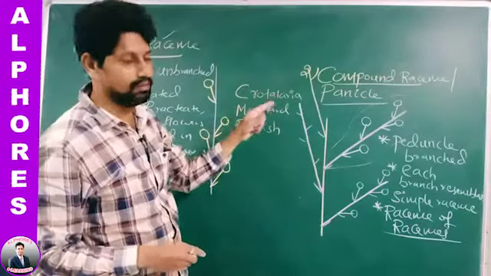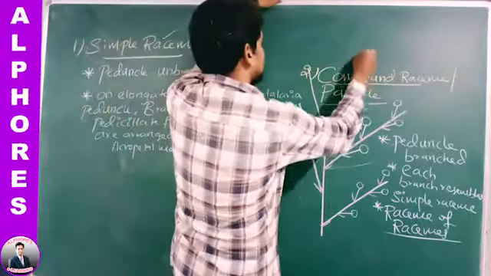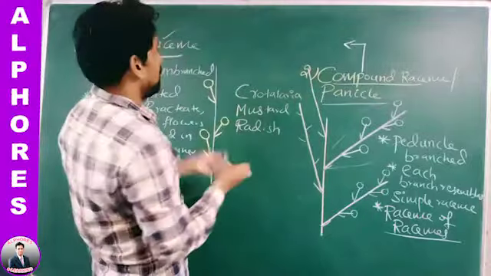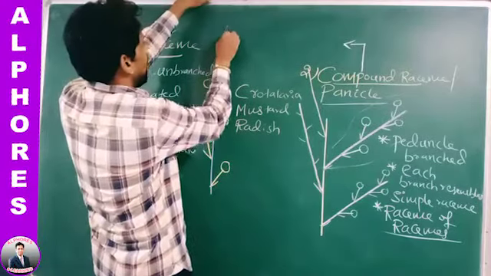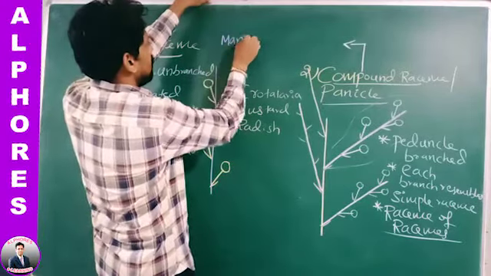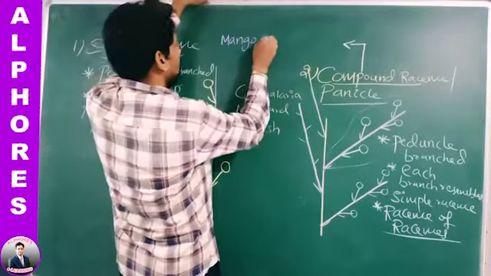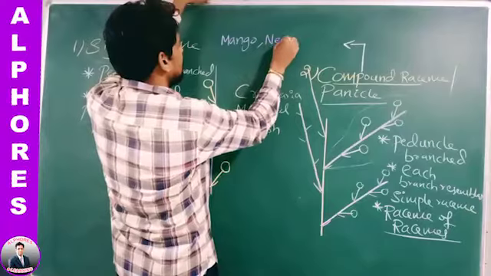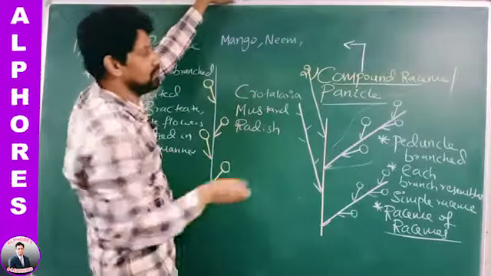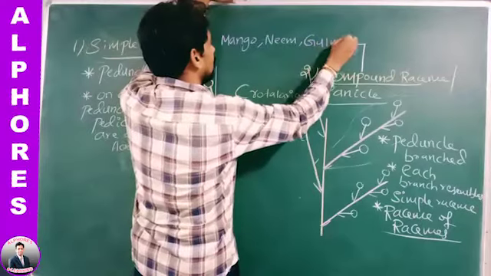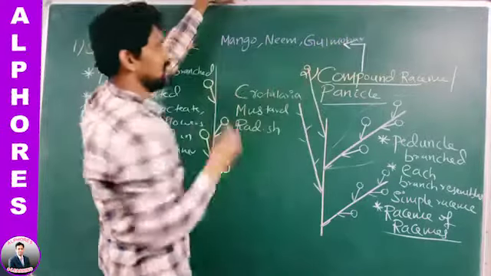Compound raceme. Now I am writing examples for compound raceme. First one is mango. Second one is neem. Next, gulmohar.